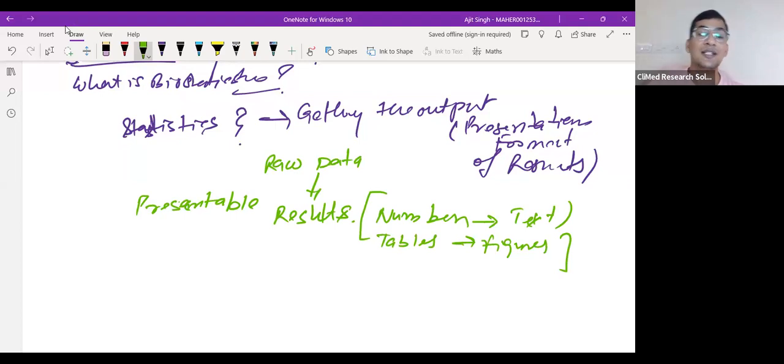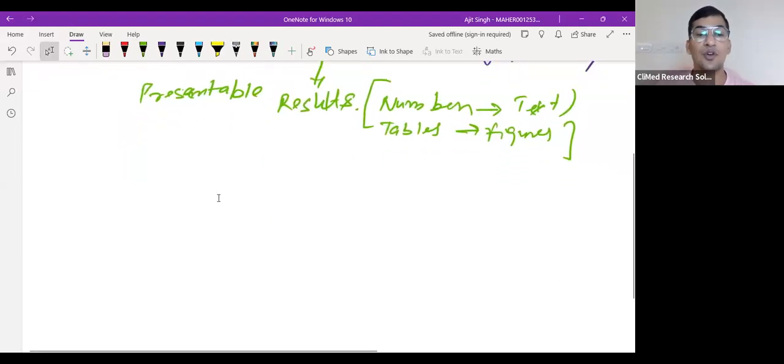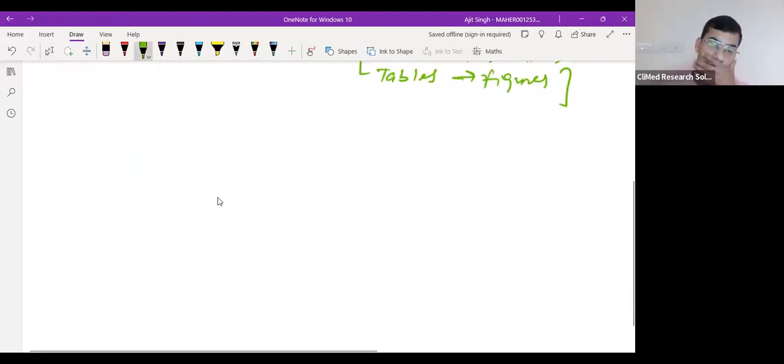So this is when we have the raw data. Let's start with an example. Suppose I asked you to go to the community and collect the data of pregnant women. First of all, let's take three parameters.